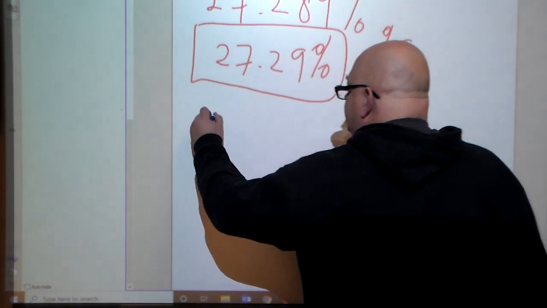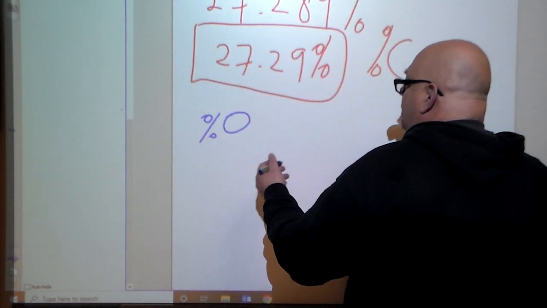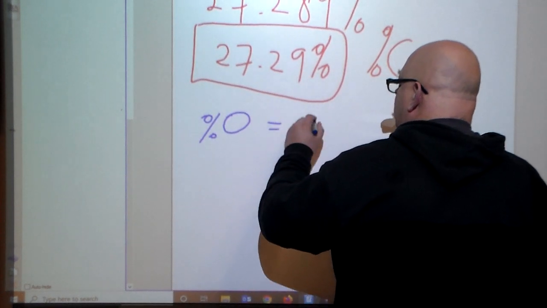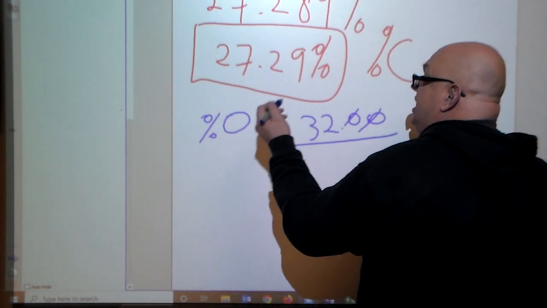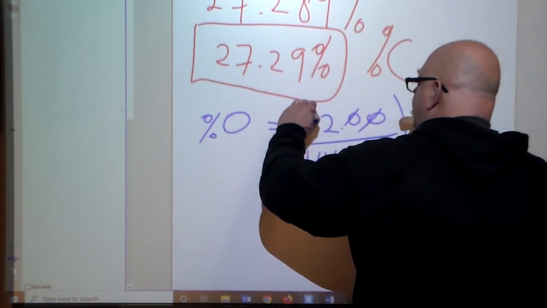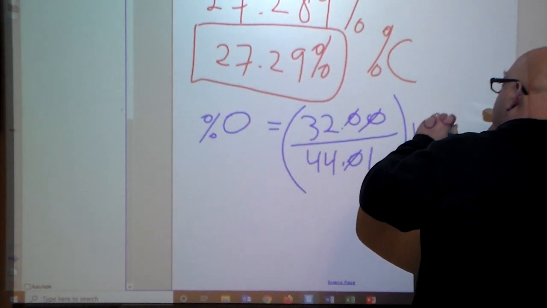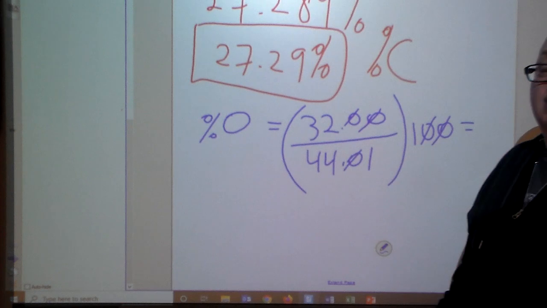All right, let's take a look at the percent oxygen. Well, we know that the percent oxygen is going to equal 32, because remember, it's 2 of the 16s together, over 44.01, and again we're going to multiply by 100 to get that percent. Don't hit that percent key.